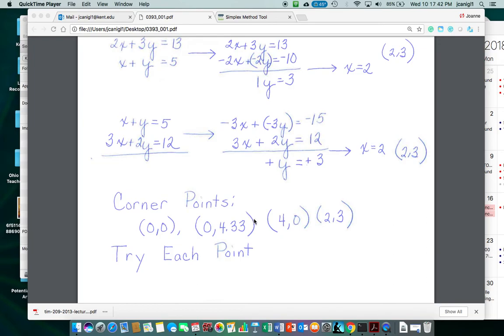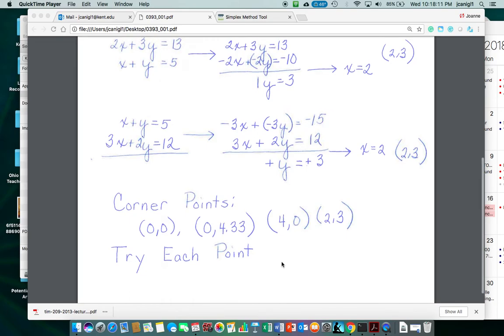But with our objective function, we find that the point 2, 3 satisfies it to the greatest extent, and that maximizes it. So you try each of these points and you substitute the x for the 2 in this case and the 3 for the y, the 4 for the x and the 0 for the y.